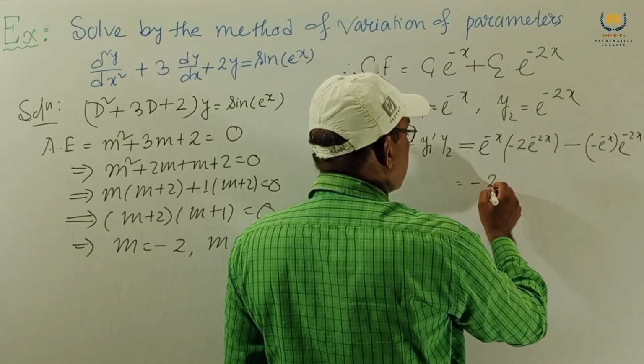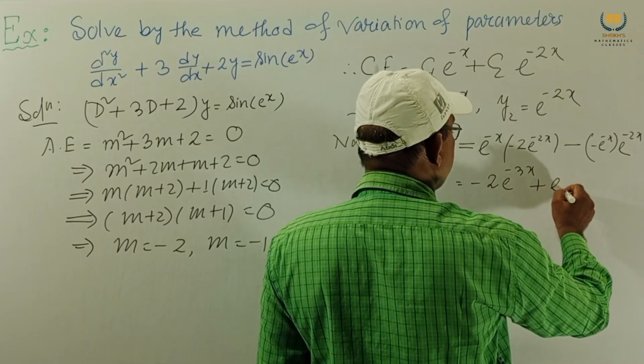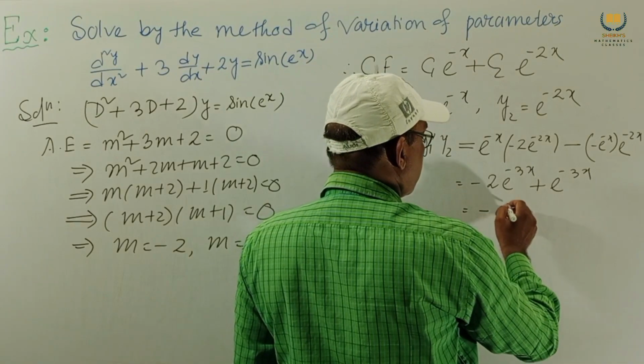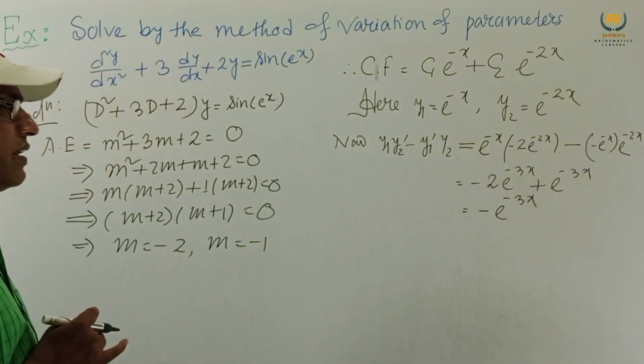This is minus 2 e to the power minus 3x plus e to the power minus 3x, and this will be minus e to the power minus 3x. This is our result.